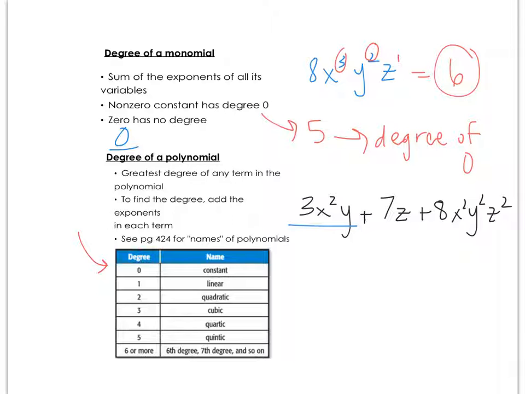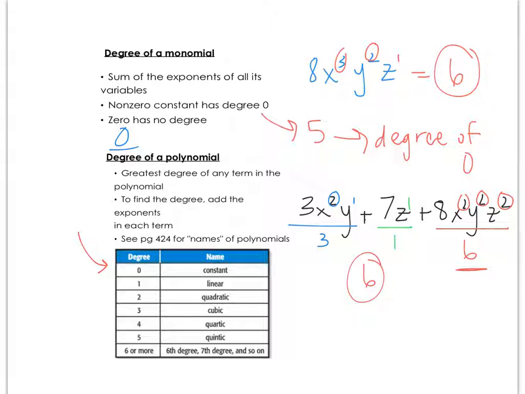The first term, the degree would be 2 plus 1, so that would be 3. This 7z would be 1 because z has an exponent of 1. And then this last term would be 2, 4, 6. So the degree of this entire polynomial would be the greatest degree of the terms here, which would be 6. So the degree of this polynomial would be 6.